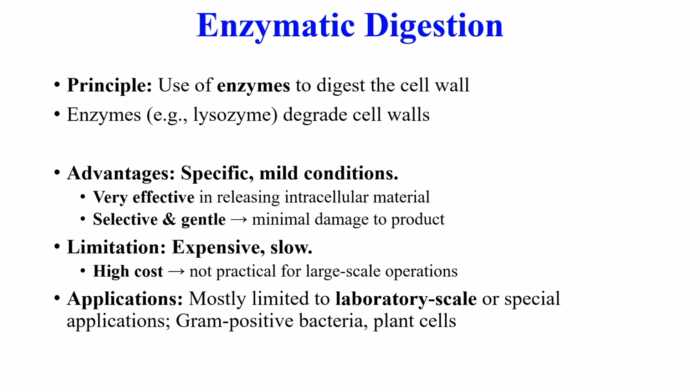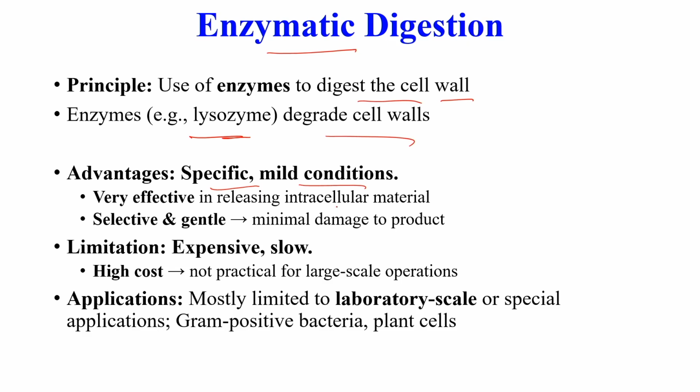Apart from these chemicals, enzymes are also being used. One can use enzymes to digest the cell wall. For example, lysozyme degrades the cell wall. This is the advantage of using enzymes in place of chemicals: they are specific and they work at mild conditions.